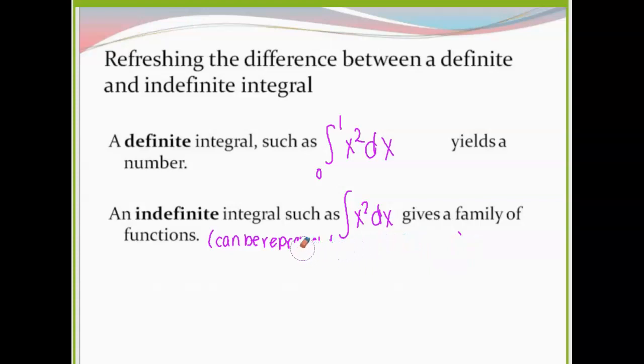It's also represented as a family of functions, and this is the case where you have to add your plus c. So all indefinites will have a plus c. The fundamental theorem of calc helped us solve for plus c, or in the fundamental theorem of calc, if you were given an initial condition, that initial condition acted as your c value.